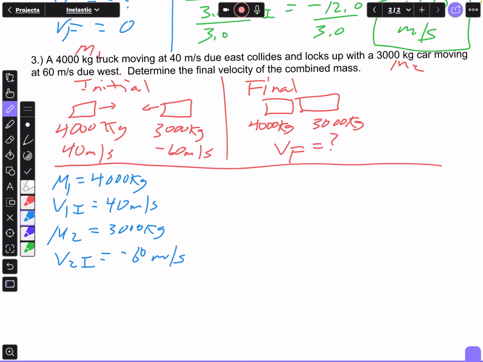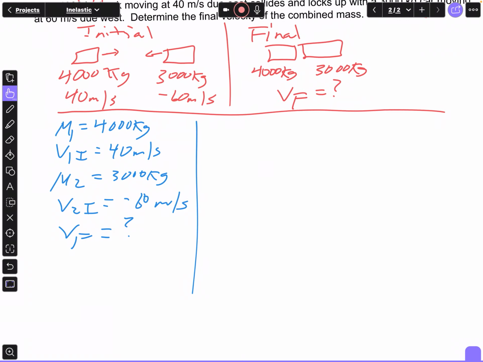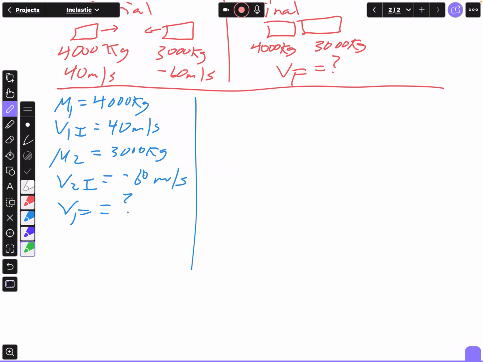And then the only other variable is VF, and that's my unknown.